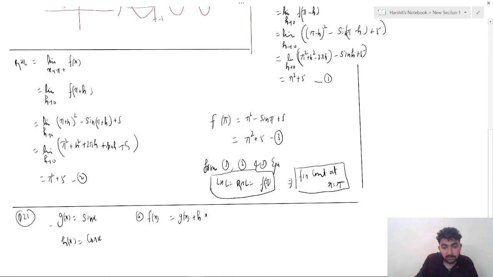The b part is f of x equal to g of x minus h of x. And the c part is f of x equal to g of x into h of x. So in question number 21, we have the sum of sin x and cos x, the difference of sin x and cos x, and the product of sin x and cos x.